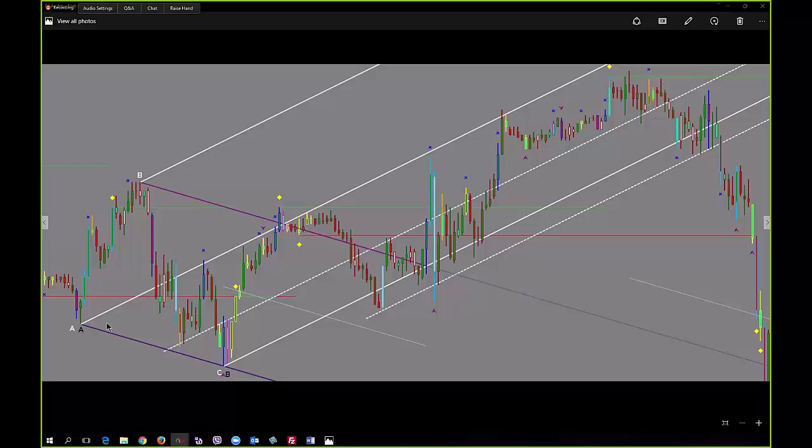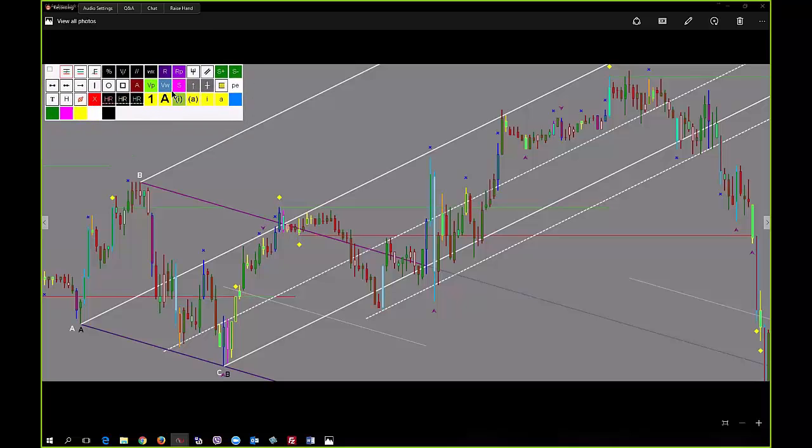So then it gives us the standard pitchfork. So we're looking at our A, B, and then the C, and then it projects out for us. So then how Dan makes it even easier is we can actually copy the angle or the slope of the market and then move that sliding parallel around to actually see if we've got the correct slope.